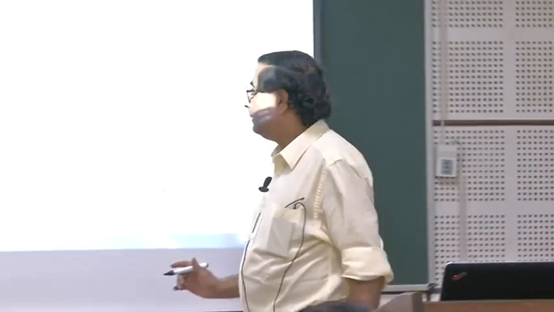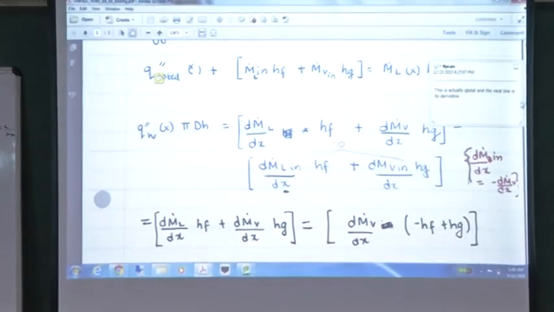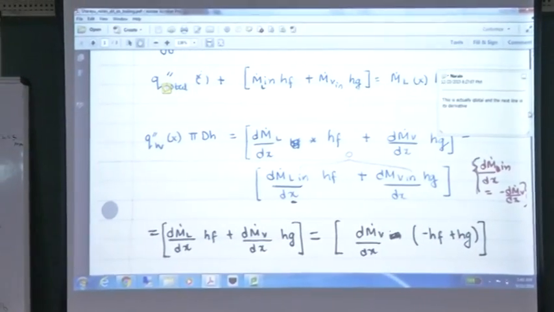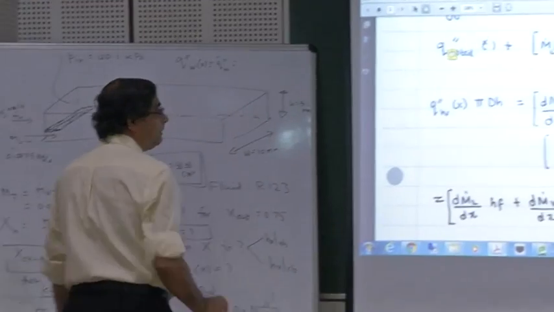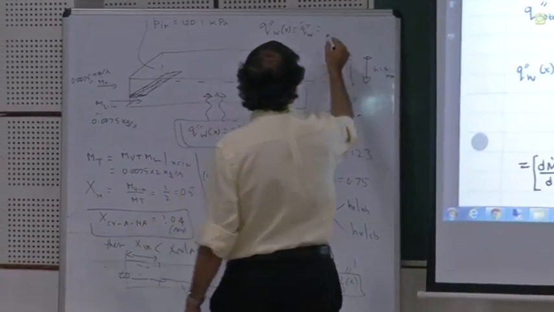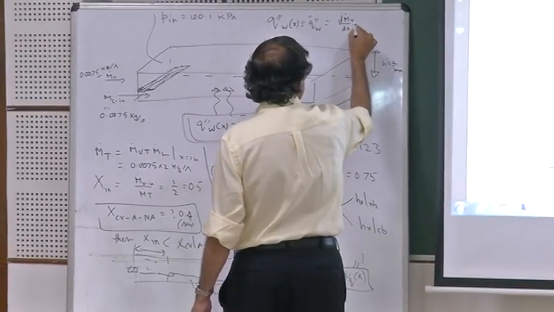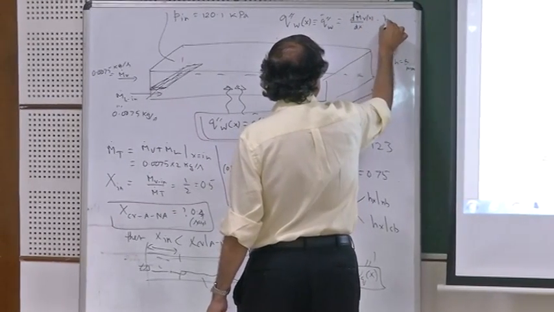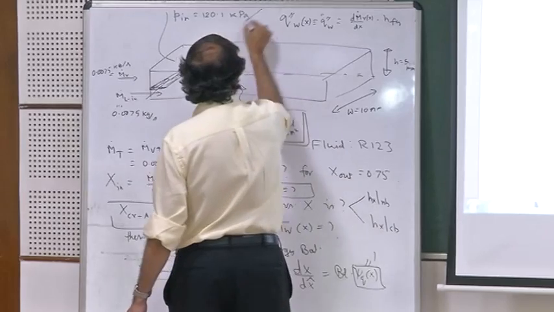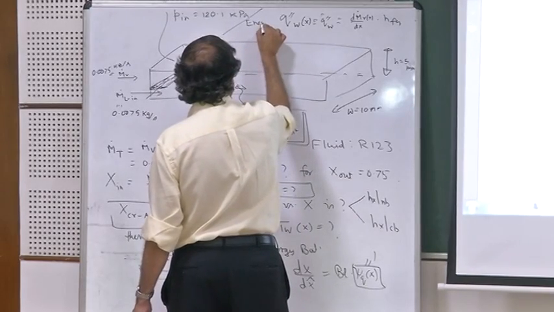It was Q double prime wall X, equal to Q double prime wall bar, equal to d m dot v by dx times HFG. You remember that when I did this derivation in the morning?